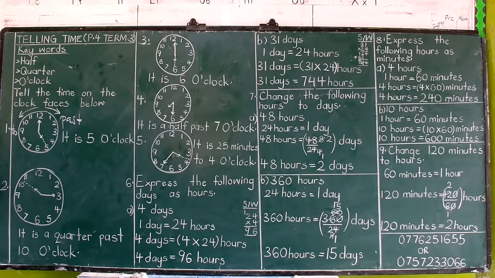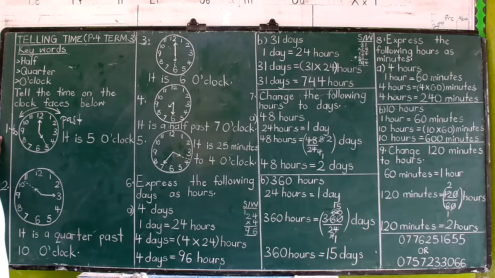And now, when it is between 12 and 6, this side, we say past. And when it is between 6 and 12, this side, we say to the next hour. So to the next hour shows that it is about to make the next hour. Then past the hour means it has gone beyond that hour by those minutes.